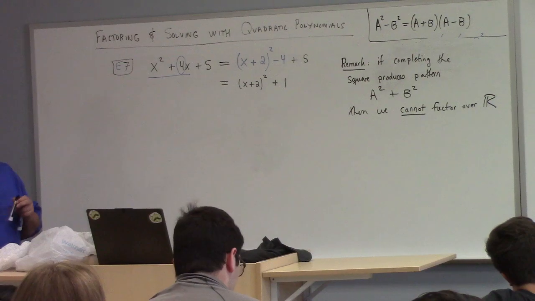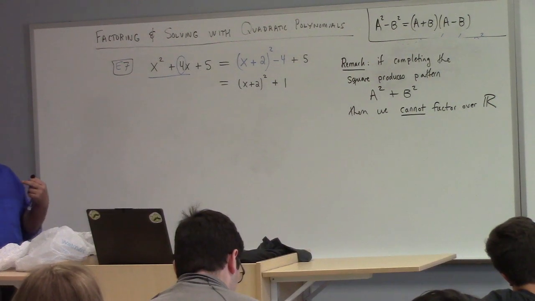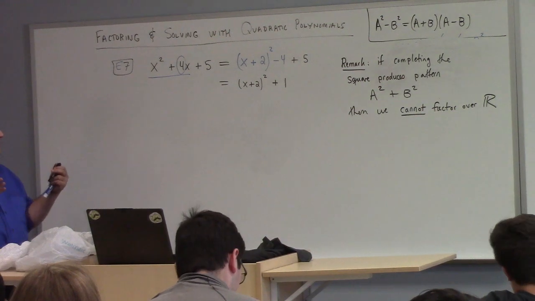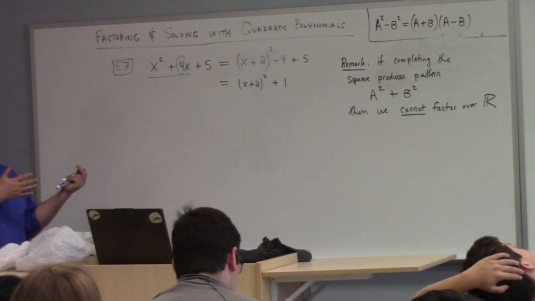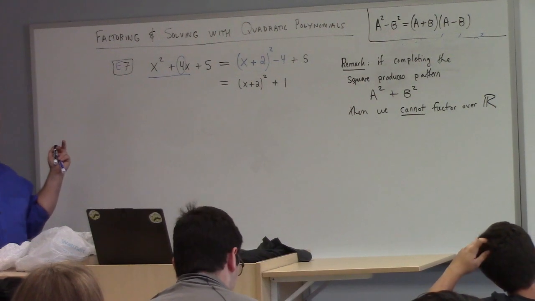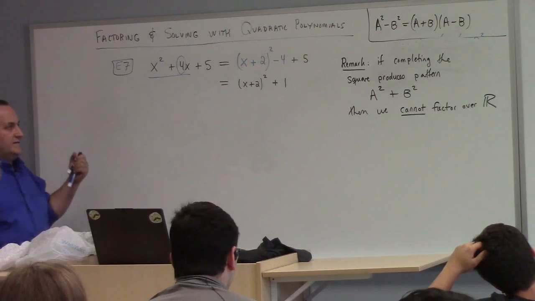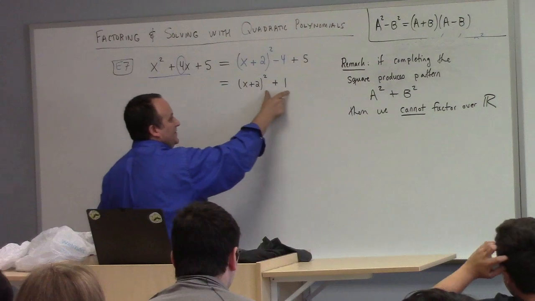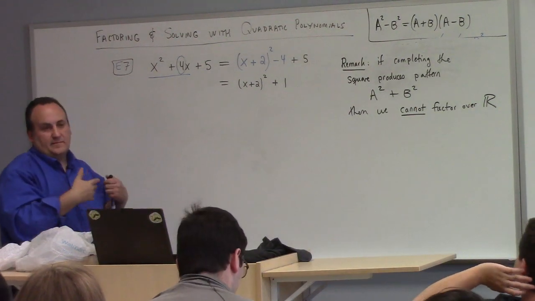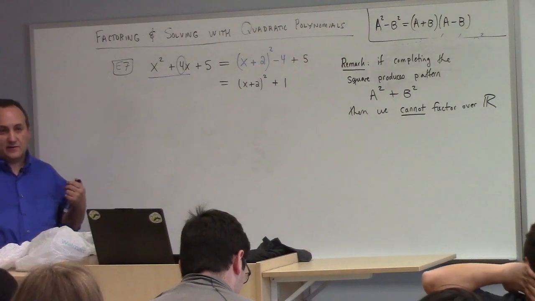So if the instructions are to factor over the real number system, at this point, you're done. You're like, oh, well, we can't factor it because it's the sum of squares. Anytime you see this pattern, this is a theorem for us. That means you're done. That quadratic cannot be factored over the reals.